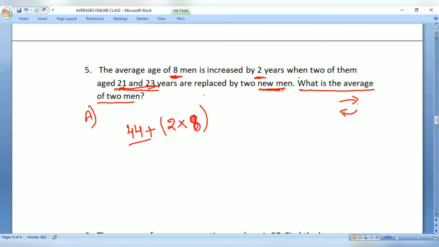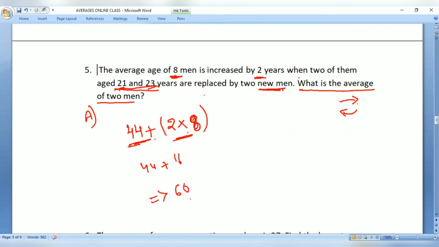The summation of the persons who are eliminated plus the increased value multiplied by the total number of persons. So here 44 plus 16, it will give you 60.